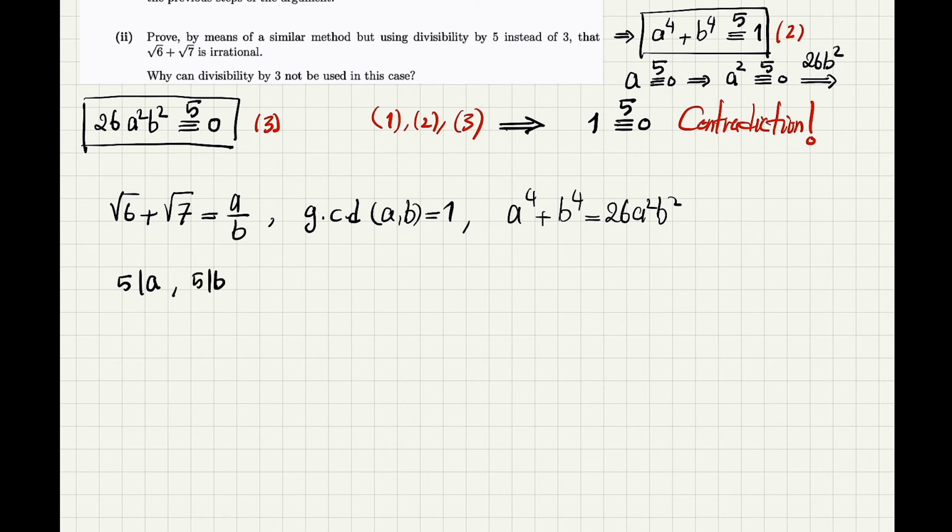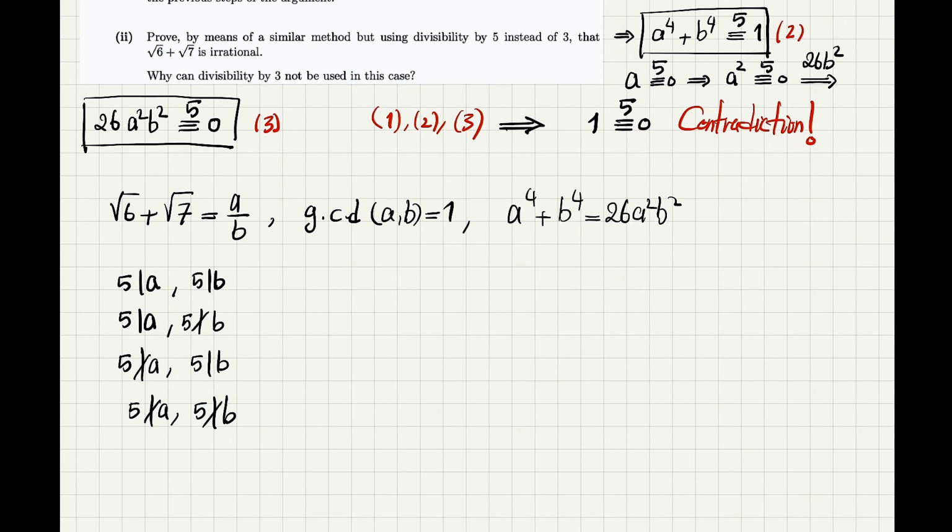Either this should happen, or a is divisible by 5, but b is not divisible by 5, or the other way around, a is not divisible by 5, but b is divisible by 5, and finally, both of them are not divisible by 5. Yes?